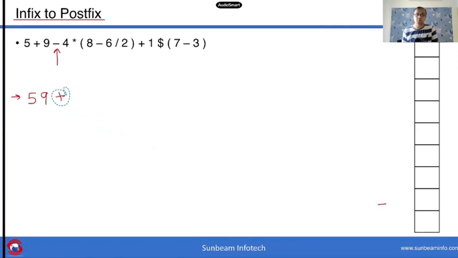Then there is nothing left to compare, so feel free to put it over here. And then again you continue further, like a 4. 4 is an operand, you want to append it.